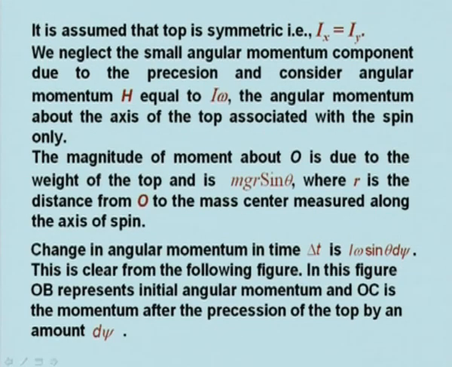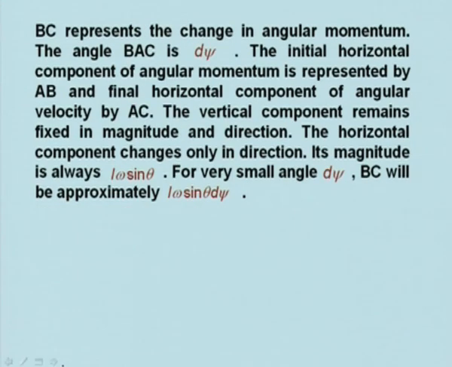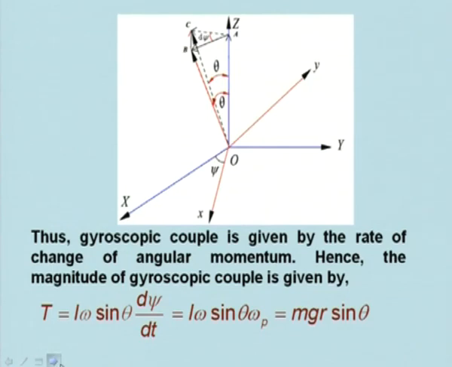Change in angular momentum in time dt is actually I omega sin theta d phi. This is clear from the following figure. Suppose this is I omega and it has changed like this.